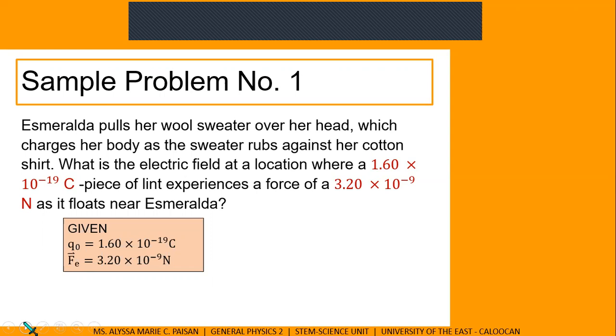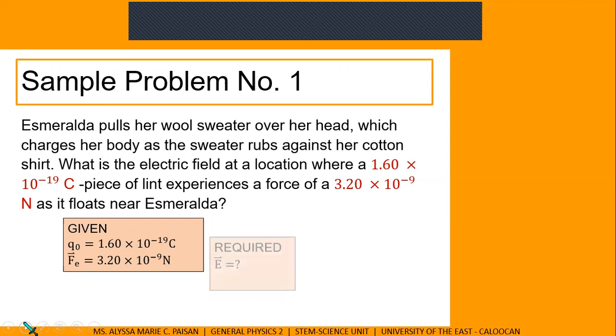Kaya, masasabi natin that this is a test charge kahit hindi siya sabihin sa problem. So, tingnan mo yung magnitude niya, no? Times 10 raised to negative 19. Halos kapantay lang ng sa elementary charge. Okay? And then the force, electrostatic force, is 3.20 times 10 raised to negative 9 Newton.